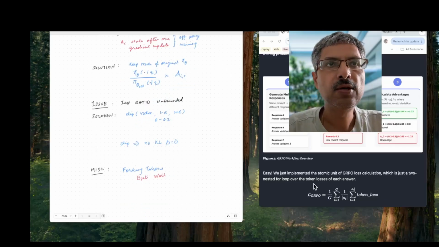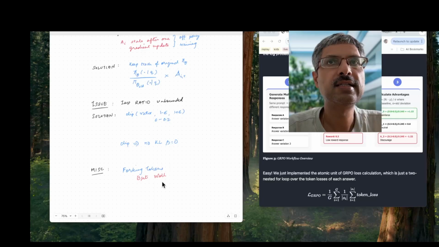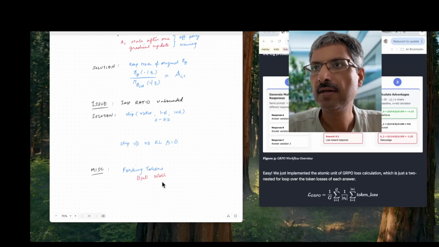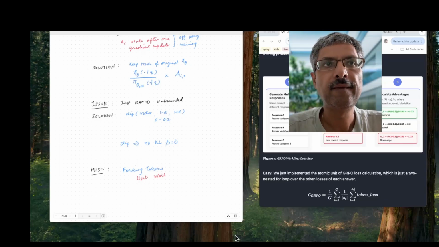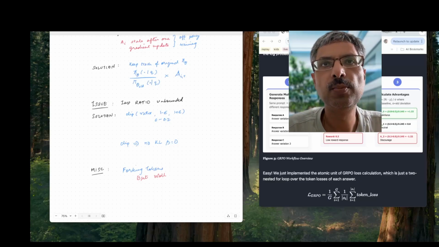And there are many optimizations proposed on top of this basic GRPO. For example, you only consider forking tokens, which are crucial tokens like "but" or "well", which determine what the next step of reasoning will be, and what the reasoning argument would be.